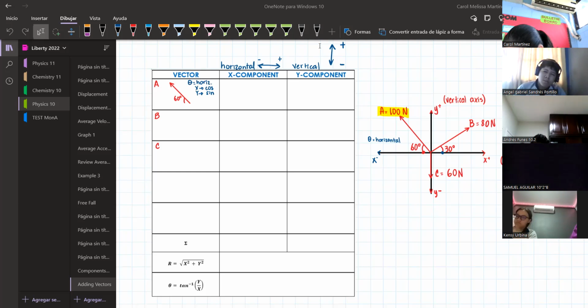So I get my x component, and because it's going left, I know that it's going to be negative. Vertically, is the vector A going up or down? Up.